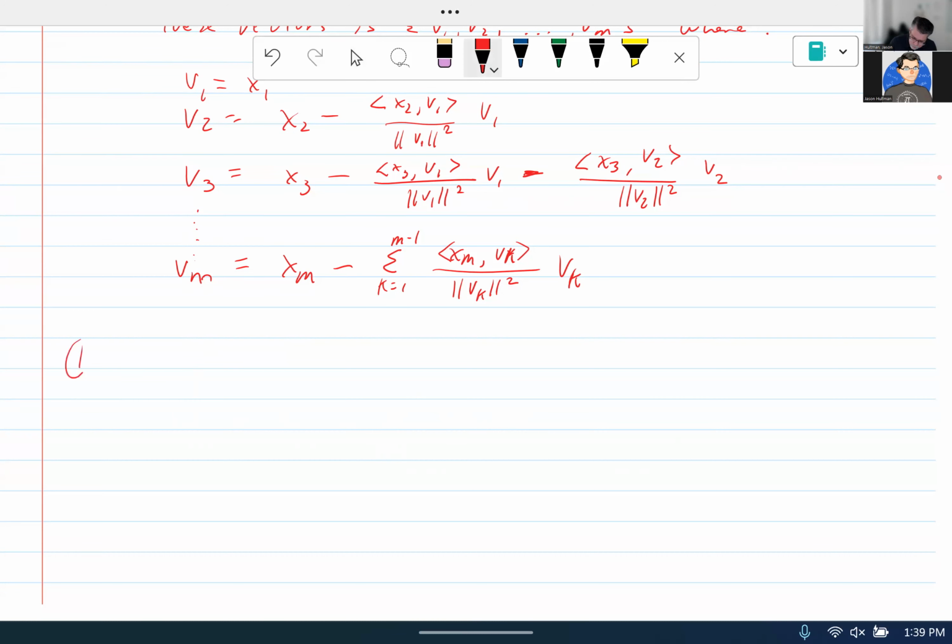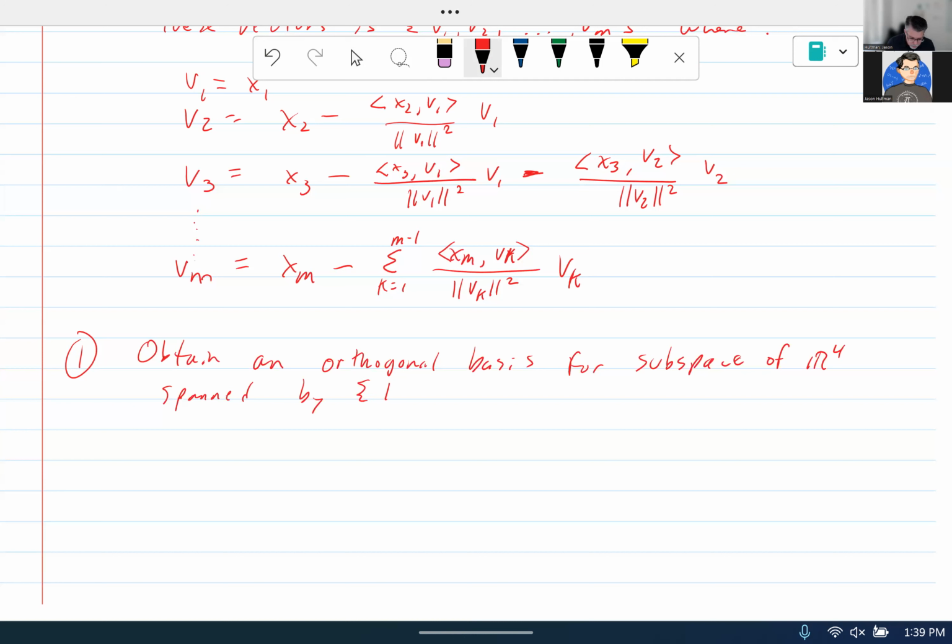Number one, obtain an orthogonal basis for the subspace of R4 spanned by 1, 0, 1, 0.